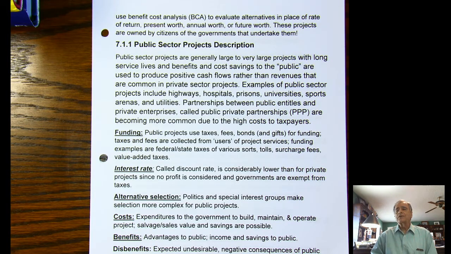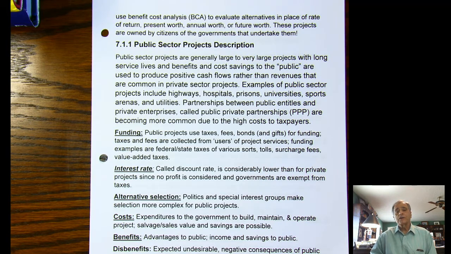So you pay interest at a lower rate because you don't pay taxes. And so this has ended up creating, so to speak, a market or a need for what we call public-private partnerships, where the public entity can borrow money at a much lower rate because they don't have to pay taxes.